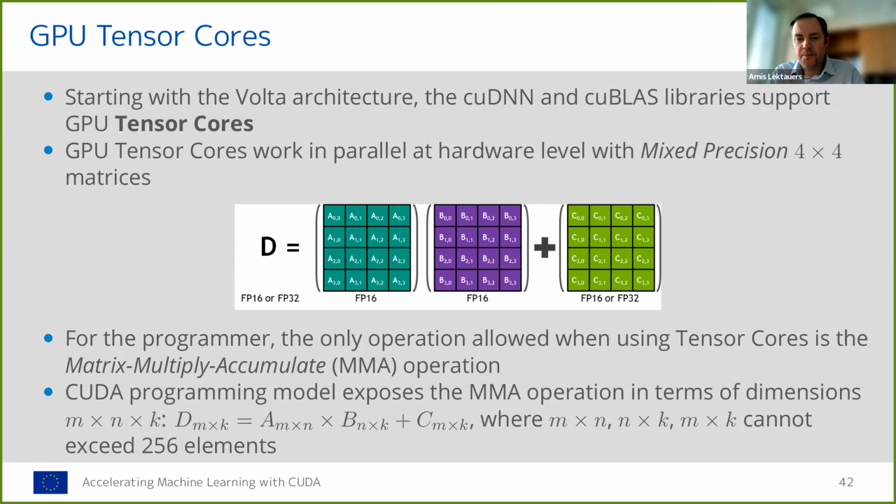So by using, for example, half precision floating point numbers, the result precision is actually not lost at all, because matrix multiply accumulate internally uses higher precision, and the result is rounded down to the necessary precision.